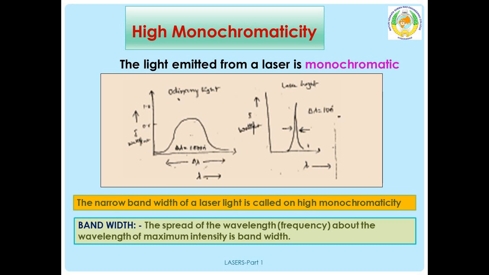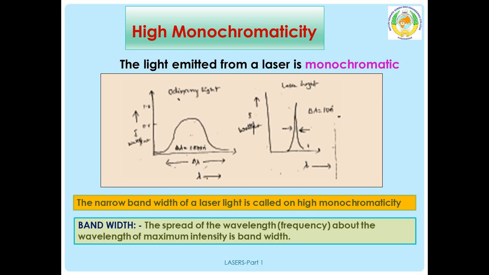When I talk about a laser light, the spread in the wavelength, that is delta lambda, is equal to 10 angstrom units, whereas for an ordinary light, the spread in the wavelength is around 1000 angstrom units, as you can see in the figure here. So this is the bandwidth of the light which the source has. This narrow bandwidth of the laser light, around 10 angstrom units, is called high monochromaticity.